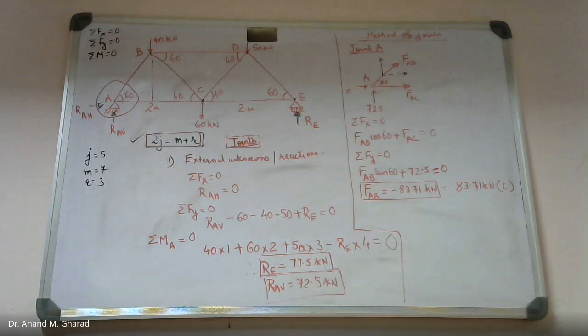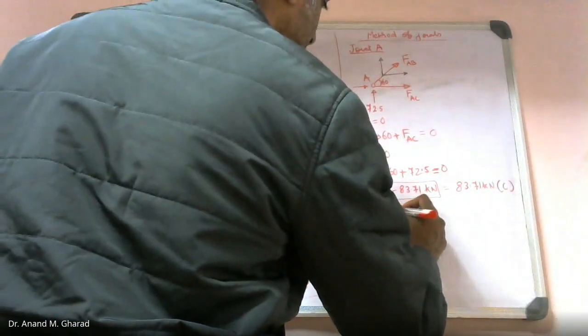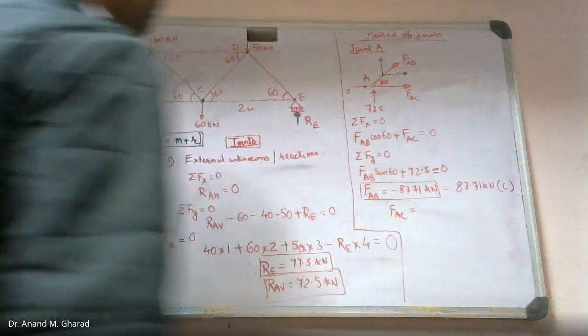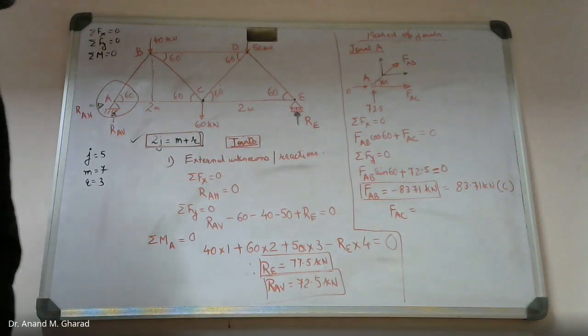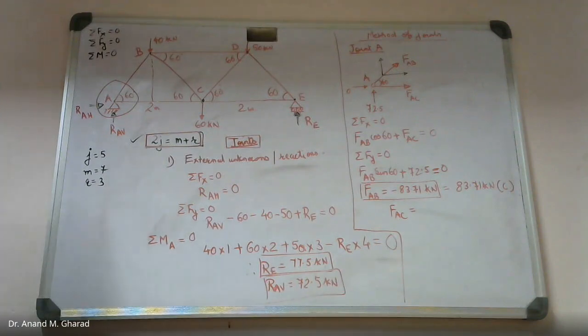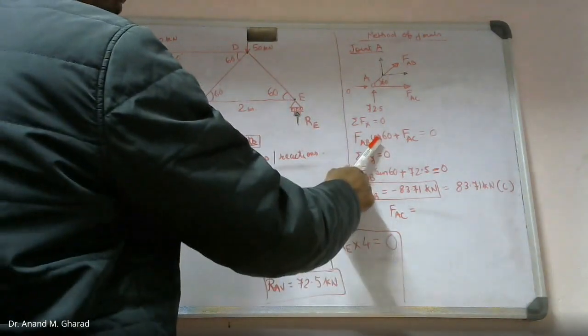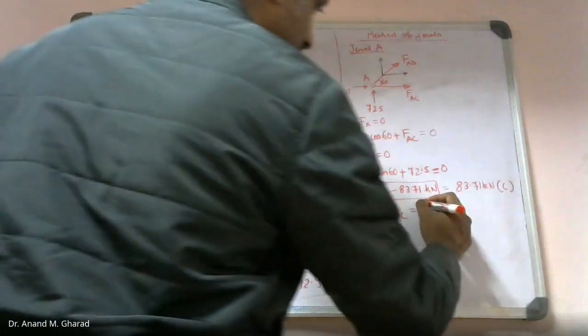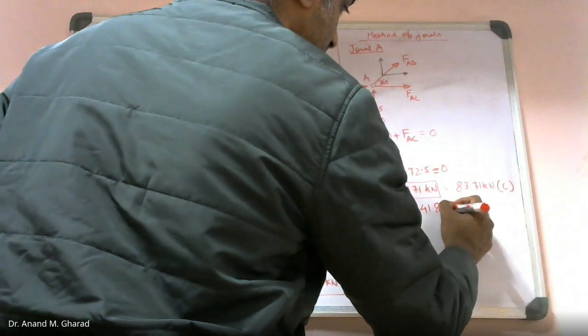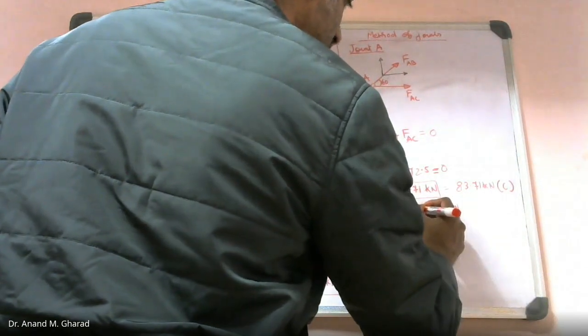Then what you do? You calculate another force in member AC. So force in member AC, how much does this come out to be? Substitute AB in this equation. 41.86 kilonewton, and this is positive.